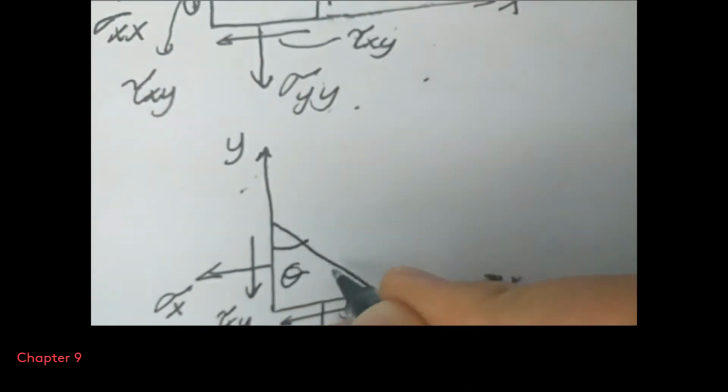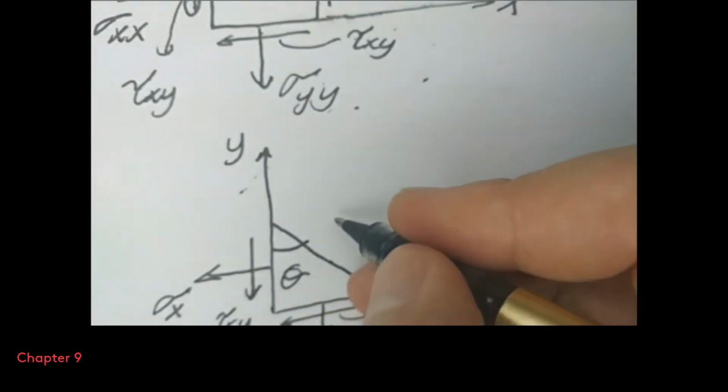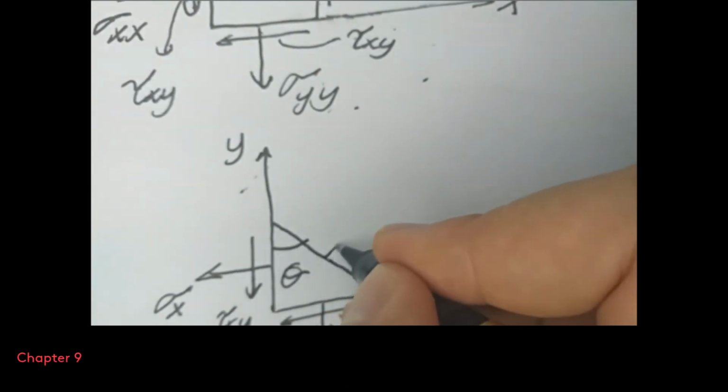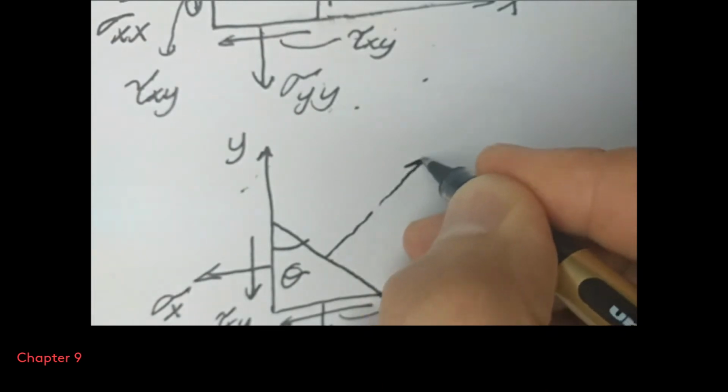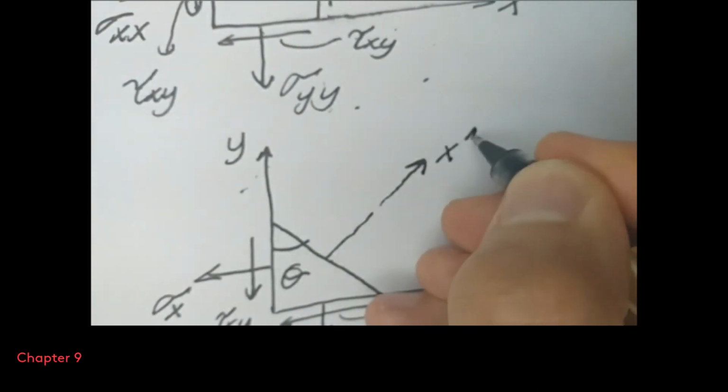Now, let's say that this is angle theta, and then we have another orthogonal coordinate system, which is x prime and y prime.